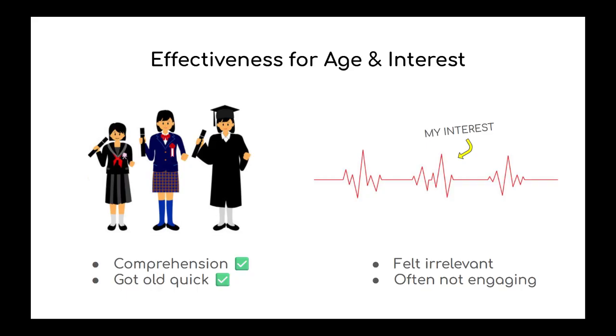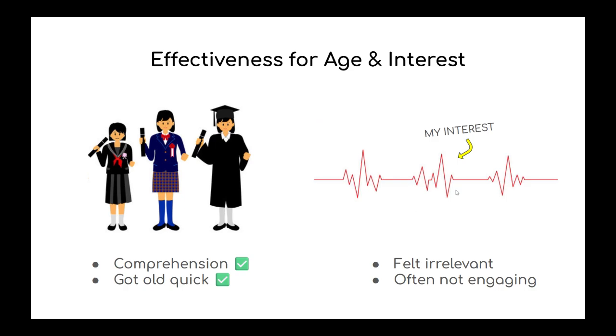And then in terms of interest, I do remember feeling interested at times when particular reading passages were funny or culturally relevant to me in some way, but those moments were a little few and far between. And that's kind of what I was trying to illustrate with this graphic here.